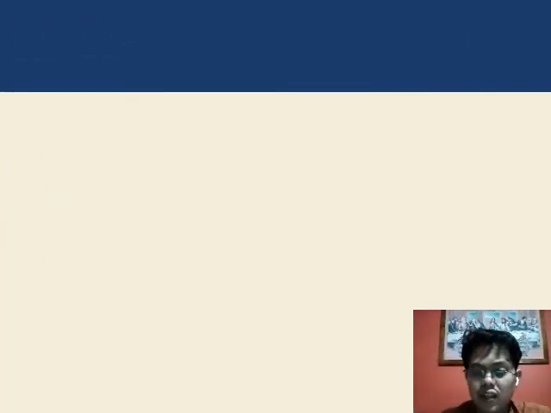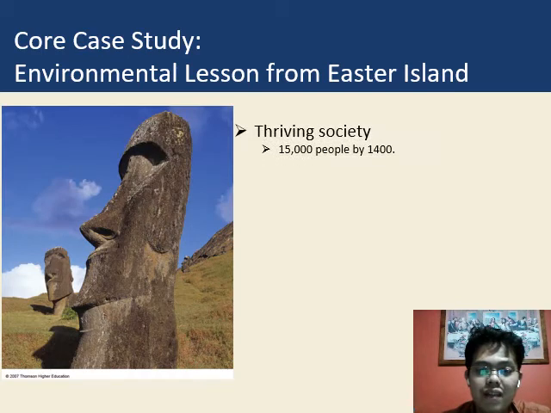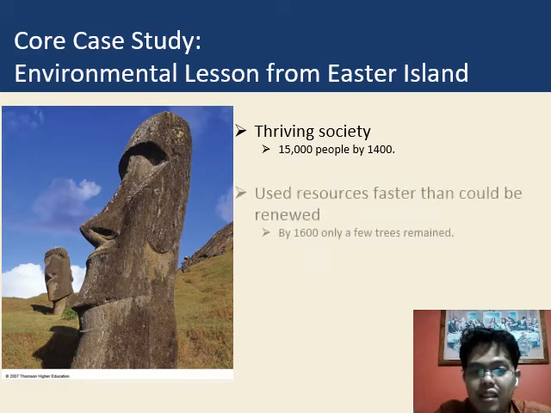Here's another core case study that perfectly encapsulates what science is. This core case study is the environmental lesson from Easter Island. Easter Island is an island 3,600 kilometers off Chile, and it was rumored that a thriving society lived there and reached a population of 15,000 people by the 1400s.